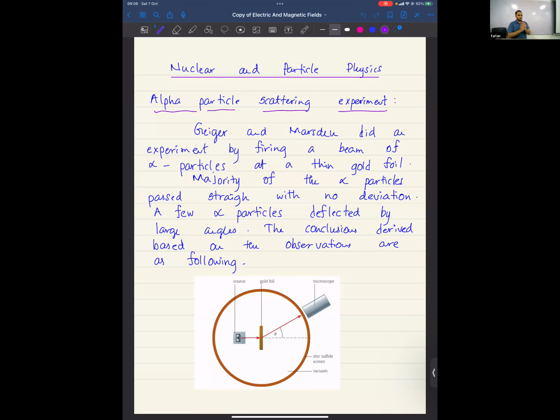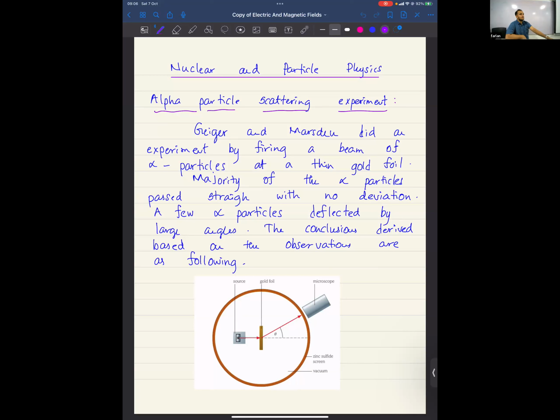So guys, now listen. This experiment is used to see the nature or the structure of an atom. Back then, there was no clear idea about how an atom looks. You know what an atom is, right? An atom consists of protons, neutrons and electrons.